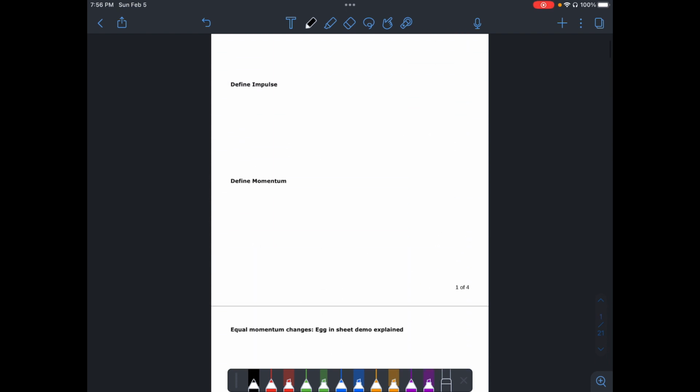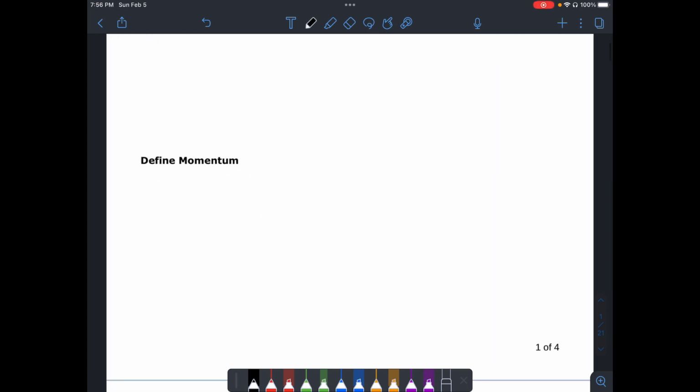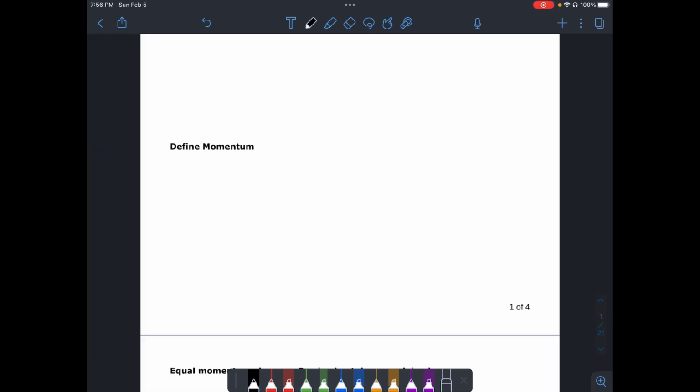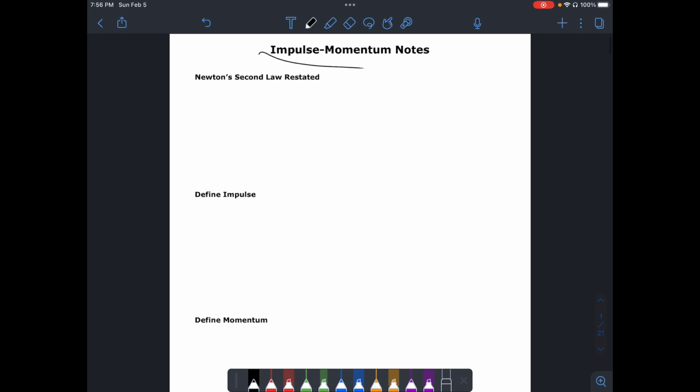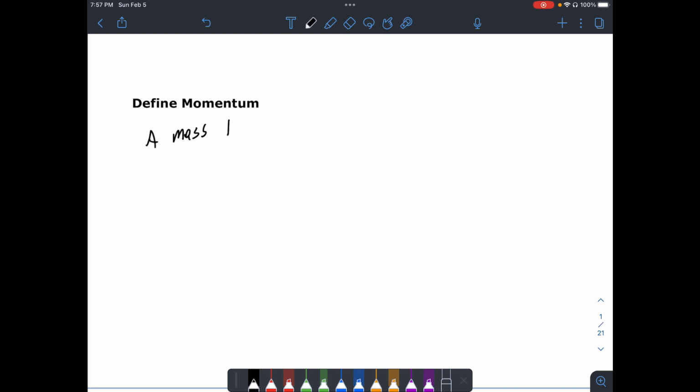So when we're talking about momentum, I'm going to skip down to defining momentum before we talk about impulse. And momentum, if you did the reading, is described as a mass that is moving.